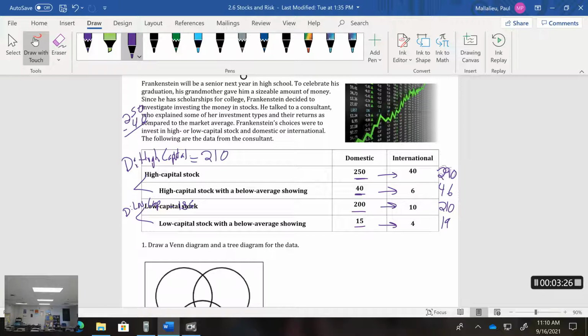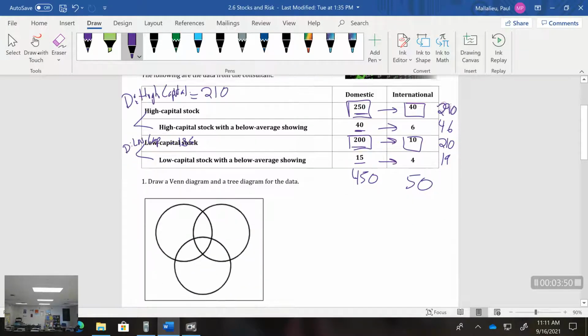We got 40 high capital, 10 low capital, so we got 50 total stocks there. 250 high capital, 200 low capital, so there's 450 total stock. The high cap and the low capital below average are included. It's just giving us how they're doing with what they invested in.